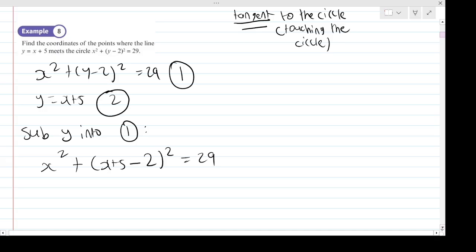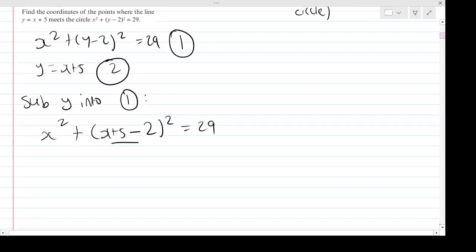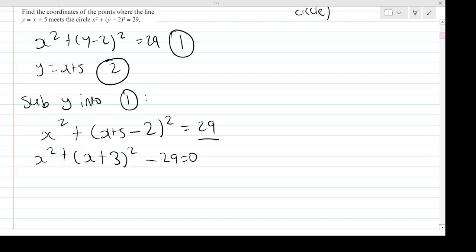At this point, before we expand it, let's simplify inside the bracket here. We have x² + (x + 3)², since 5 − 2 is 3. Then I'm going to move the 29 to the other side to equal 0, because I'm going to get a quadratic and I want it to equal 0.